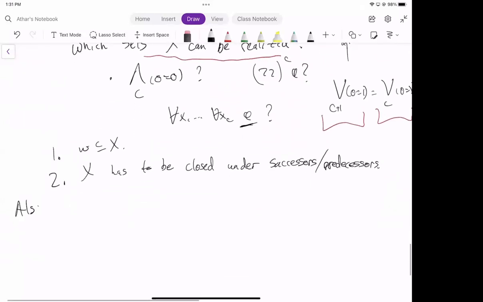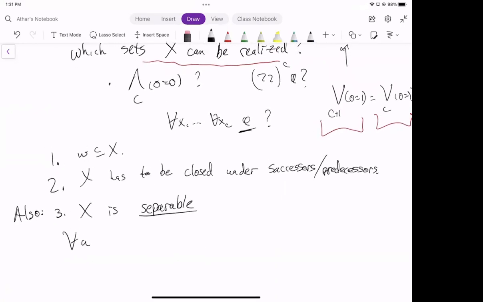So also number 3, X has to be what we call separable. This is a term that we came up with. I'll give the definition here.